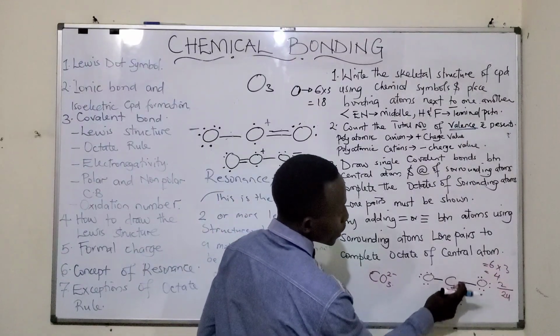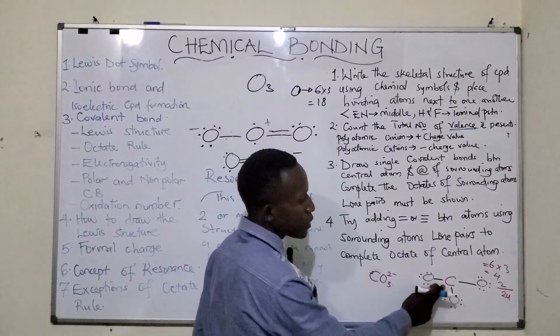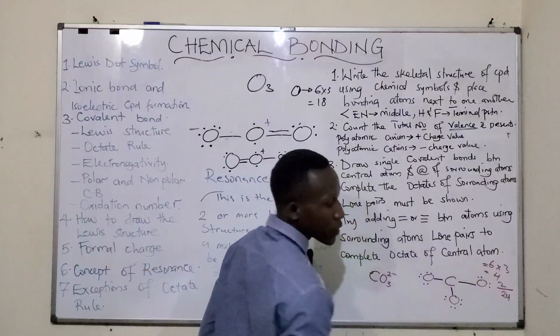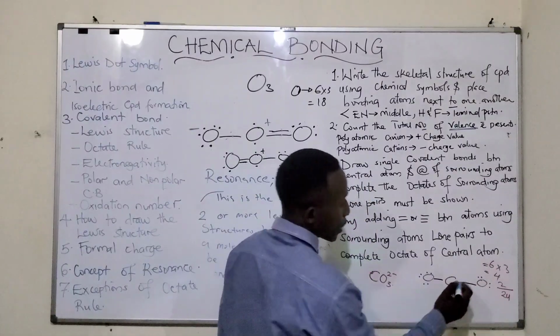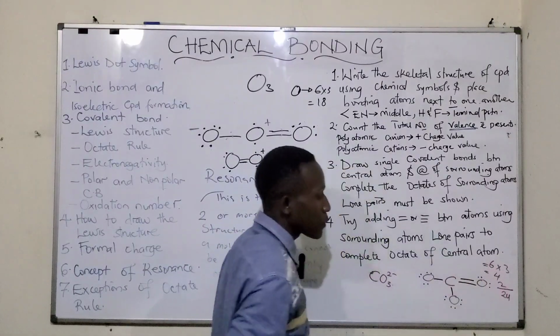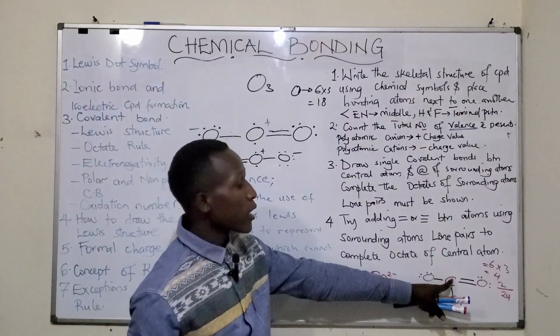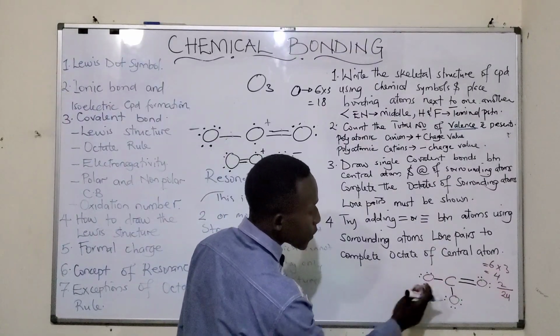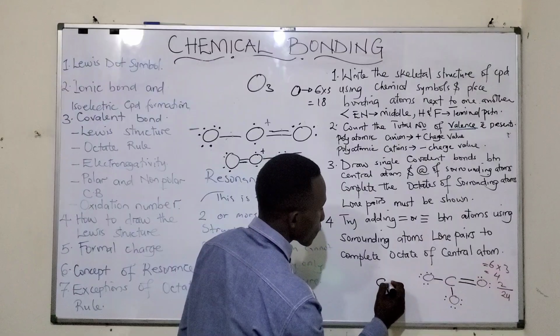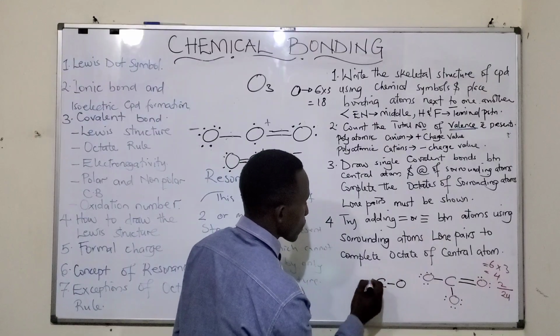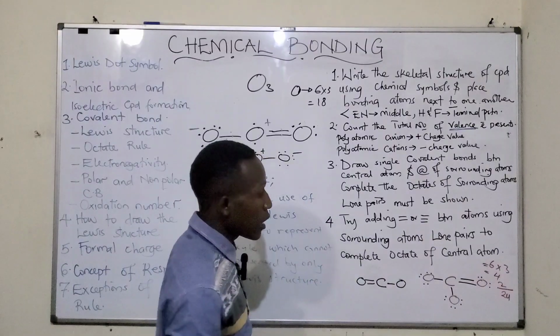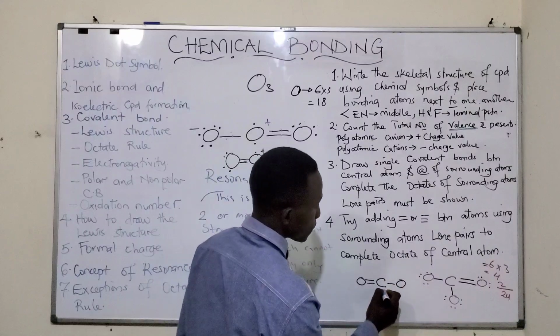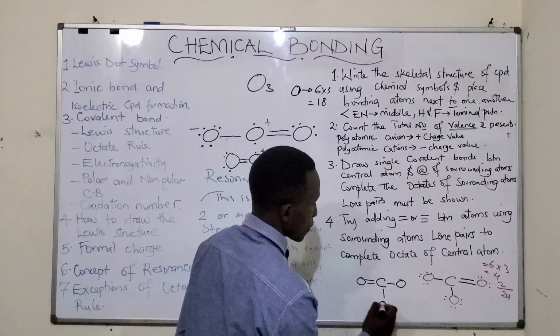Then the octet for carbon is not fulfilled, so we can borrow electrons from one of the oxygens. That means we can draw from this one and complete the octet of the carbon. But at the same time, we can borrow from this one. That means we can draw this when the bond is here, and this bond like this.